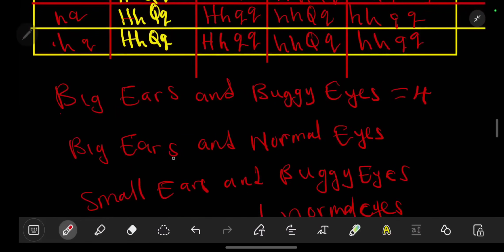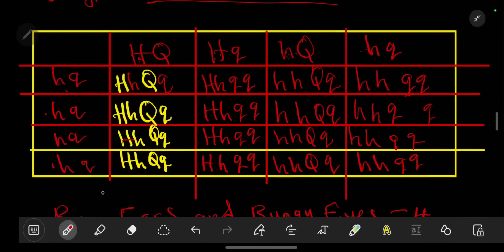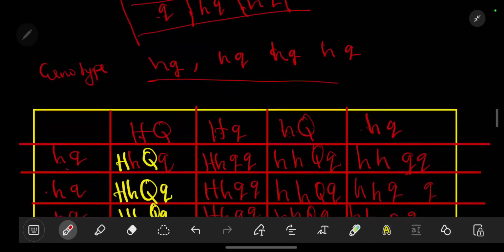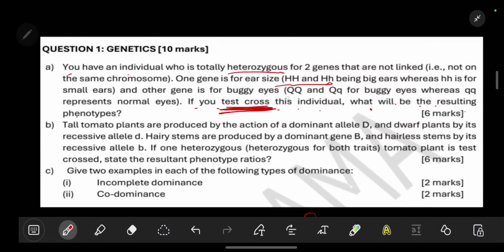Then when we move to big ears and normal eyes, we are looking at big letter H and at least 2 small letter Qs, because normal eyes, according to this, is recessive. It will not show if there is a big letter. So just as you have seen, the question says for baggy eyes, it's 2 big letter Qs or Q little q.